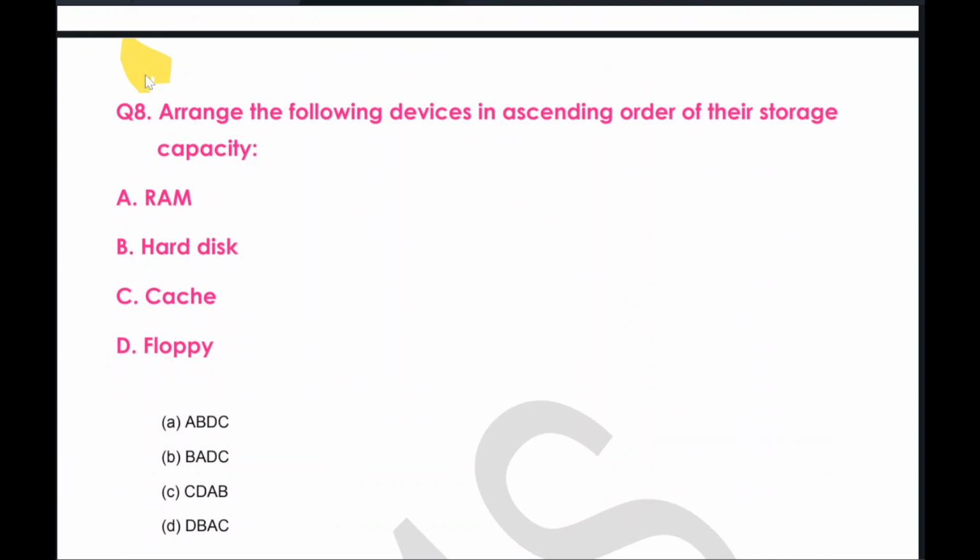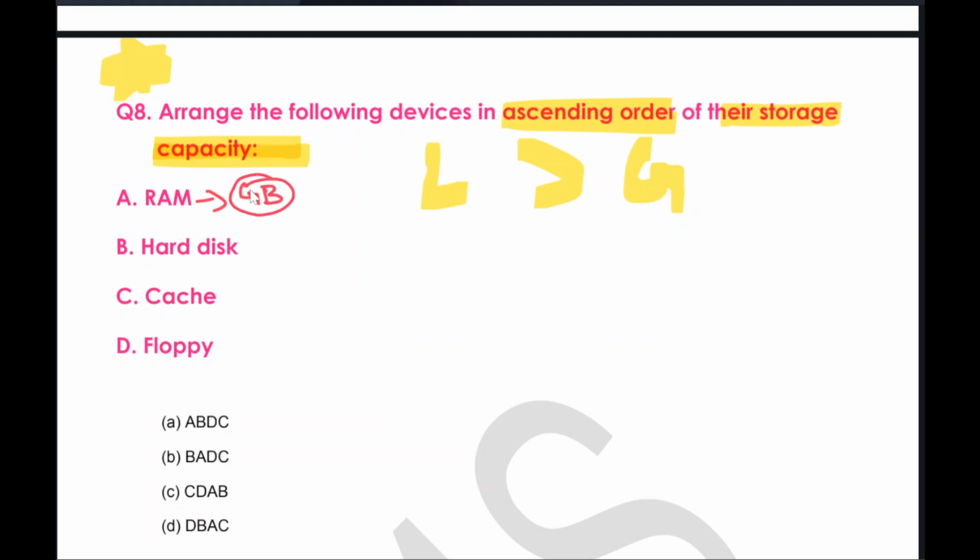Now, this is an important question. Arrange the following devices in ascending order of their storage capacity, from less to greater. For RAM, it is from a few GBs, like 1 GB RAM, 2 GB RAM and all.